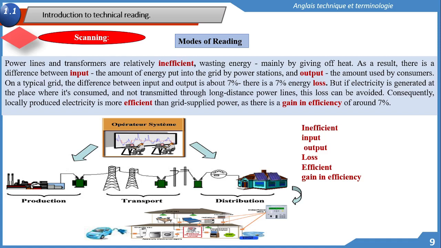So as you scan through the text, you quickly identify the specific information you were looking for on a typical grid. The difference between input and output is about 7%.